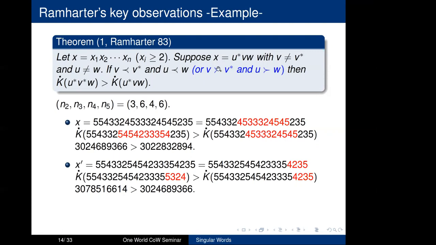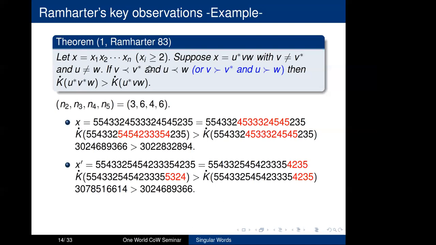Because every time we reverse the V in X, the continuant, K dot, actually increases. So we can't possibly get the same word twice, because we have this valuation that's saying that every time we do this process and we apply K dot to the resulting word, it's actually increasing. So if we keep iterating this process, we will eventually come across a word that has no factorization that verifies this condition, okay?